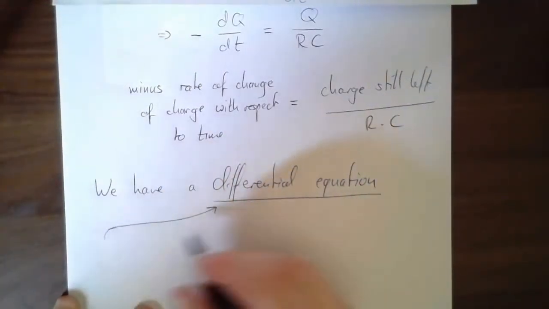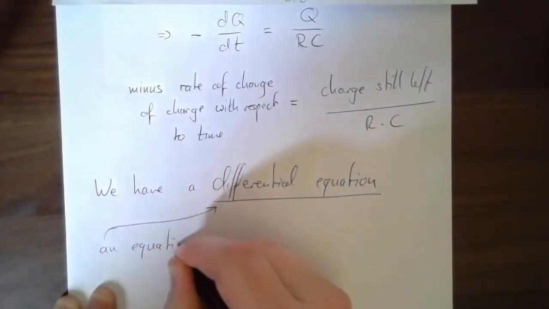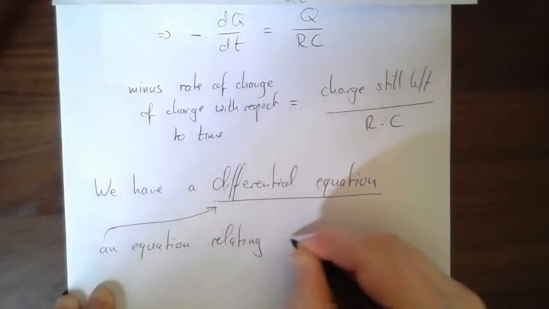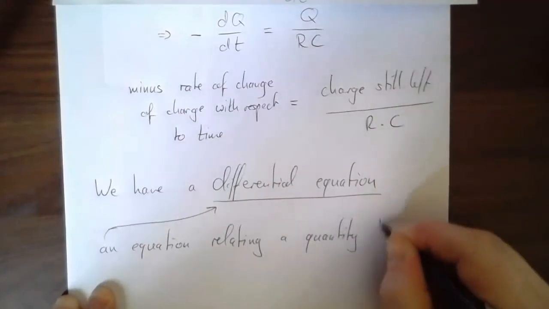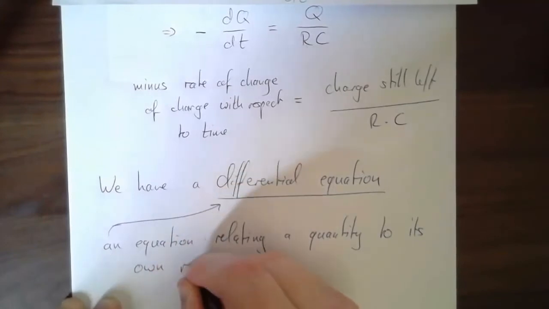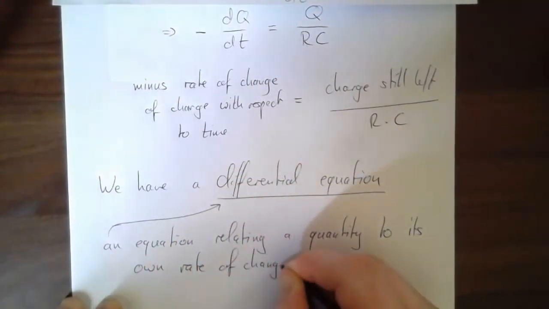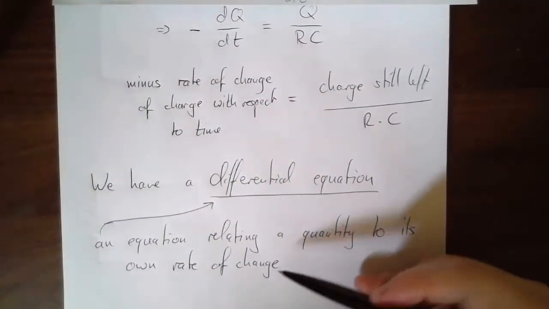It's an equation relating a quantity to its own rate of change. Could be with time, could be with something else. In this case, here it is the rate of change in time.